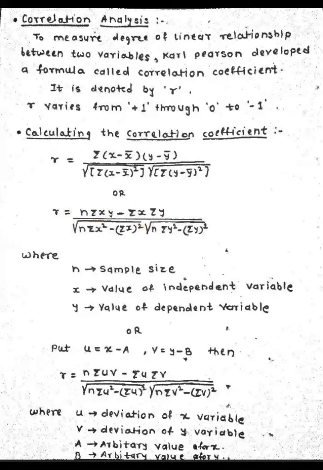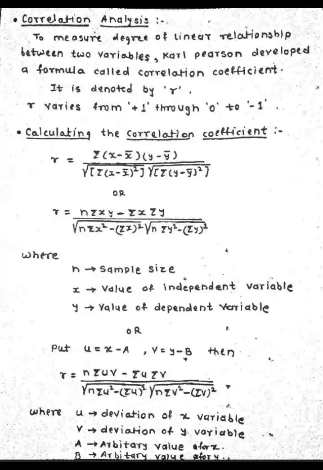So students, here there is no need to calculate the mean values of x and y. Here we only require summation of x, summation of y, summation of their product xy, and summation of x square and summation of y square.